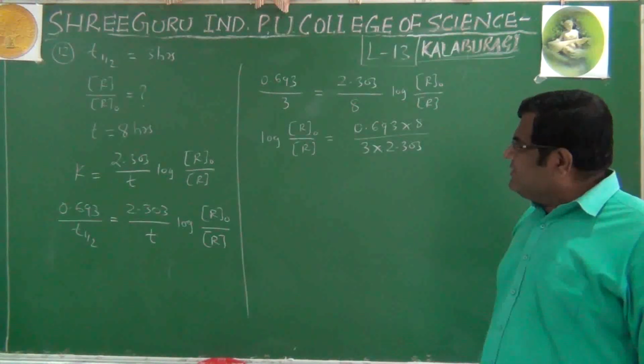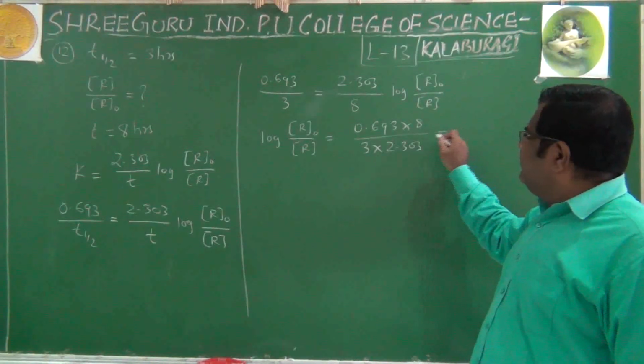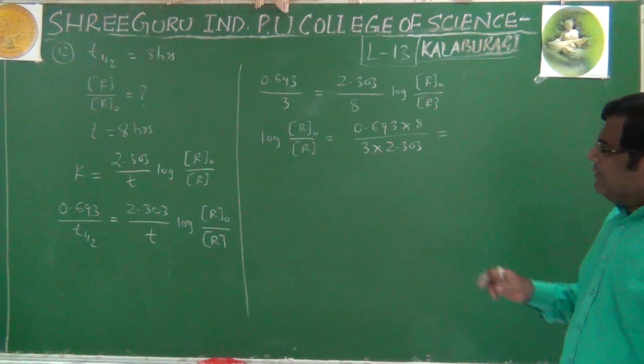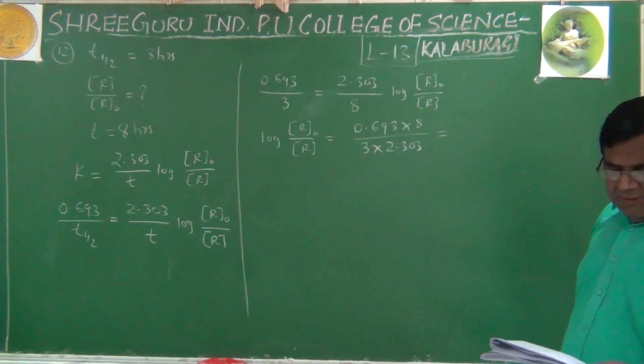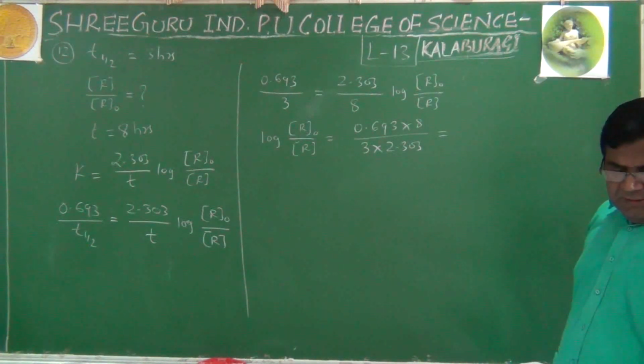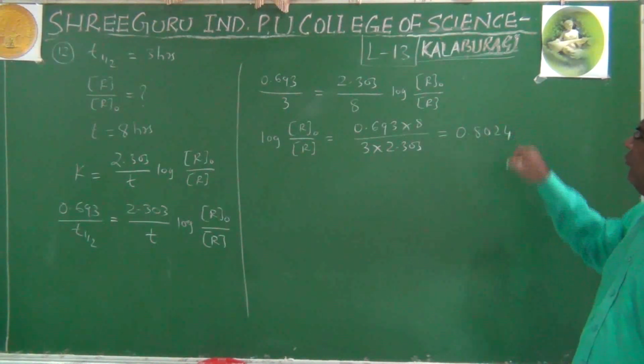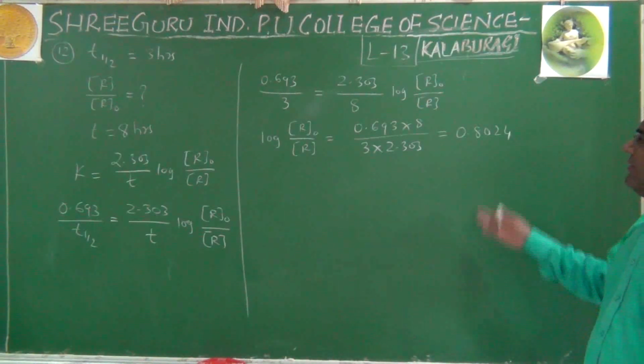We have just to rearrange this, and if you simplify 0.693 into 8 divided by 3 and again divided by 2.303, it happens to be 0.8024. This is the answer you are getting.